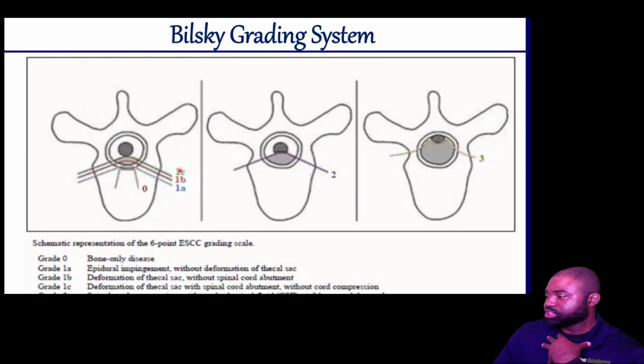It's really clearly shown here. For grade 2, the CSF is still very visible, and for grade 3, there is little or no CSF left, and this patient is in great pain.